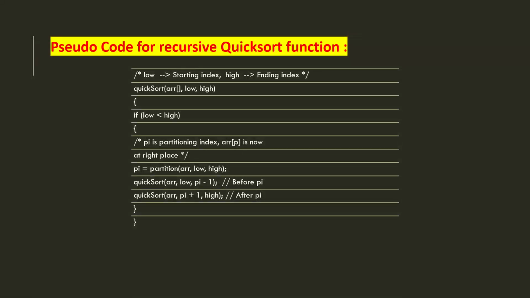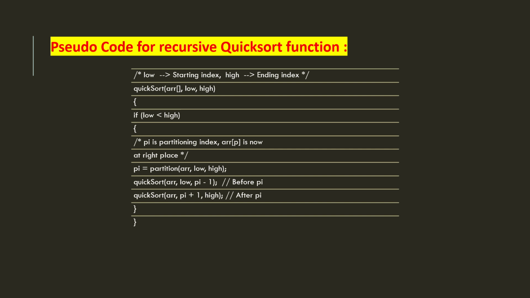So, ito naman po yung pseudocode natin for recursive quicksort function. So, low is start index, then high is ending index. Quicksort, then array and low and high value. So, if low is lesser than high, then P is the partition index, so array P is now at the right place.